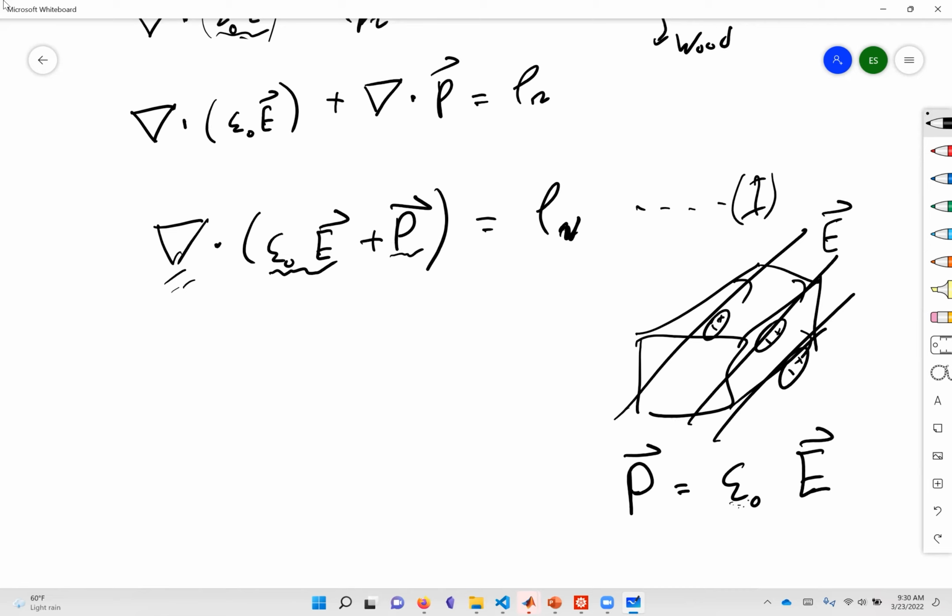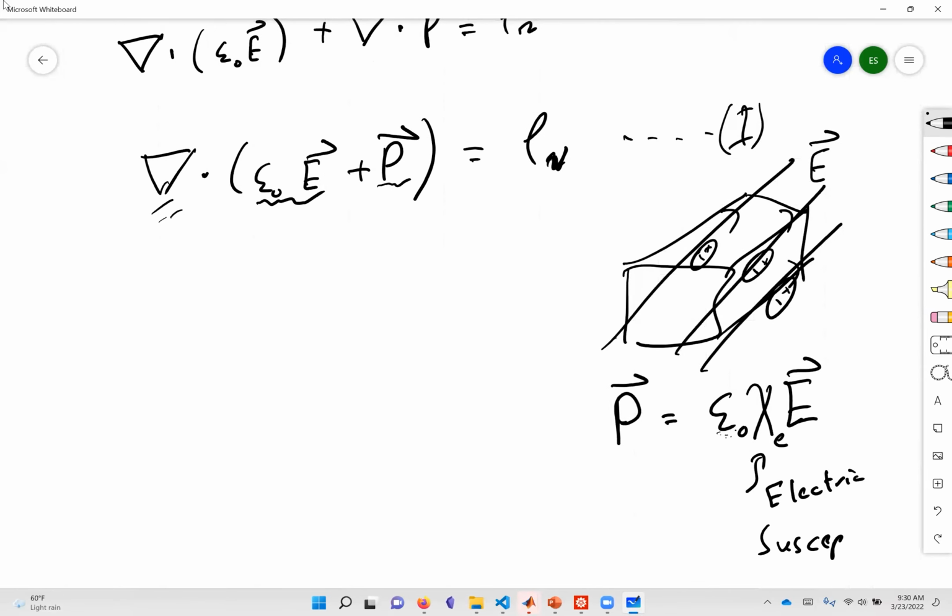The way we encode that is by including what's called the electric susceptibility. So this constant is called the electric susceptibility. Essentially, this encodes how strongly the material polarizes. If chi E is 1, this tells me that the material polarizes the same as free space. If chi E is 10, this material polarizes 10 times more than free space, essentially. So this is how you relate a polarization to the electric field.